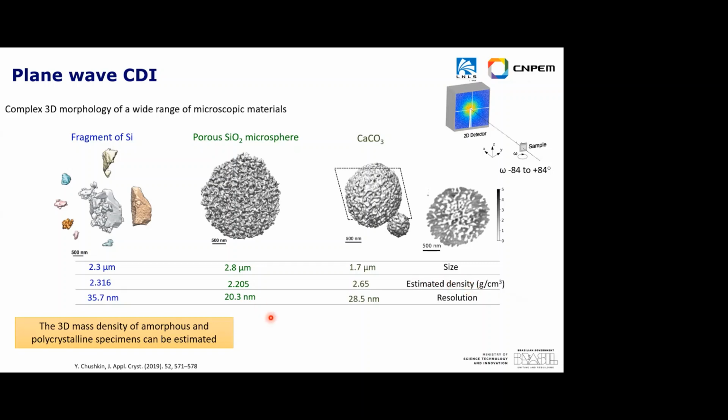So we can have information about the morphology and also information about the density. As it's a 3D image, we can cut and look inside and calculate it. If you have pores, the size of the pores, if they are connected, and I'll give more examples with the other techniques. So in plane wave CDI, we can analyze biological or inorganic samples, and have information about 3D morphology and also estimated density.